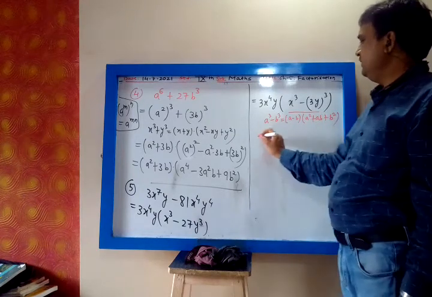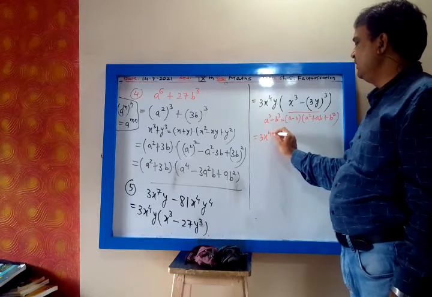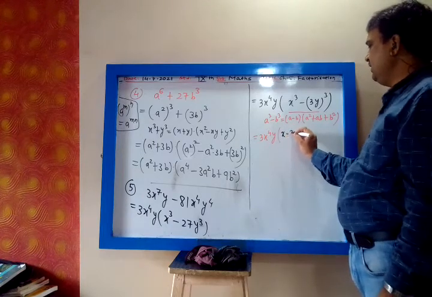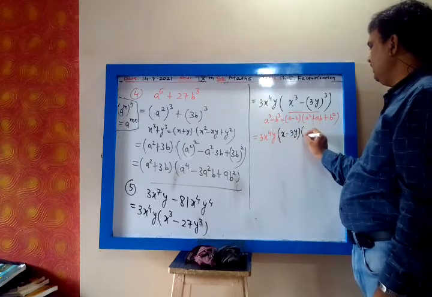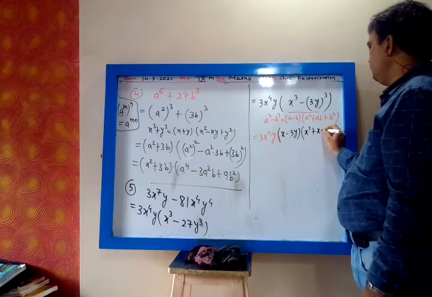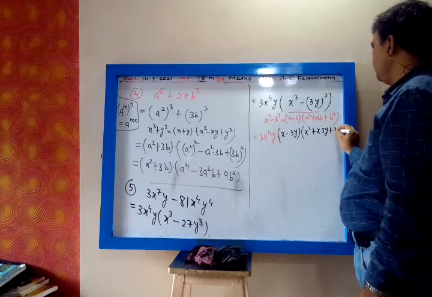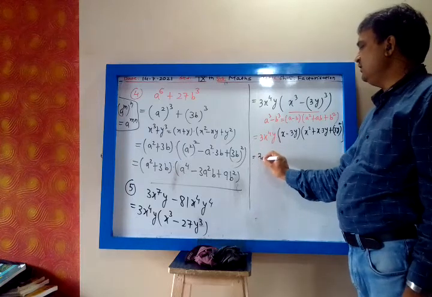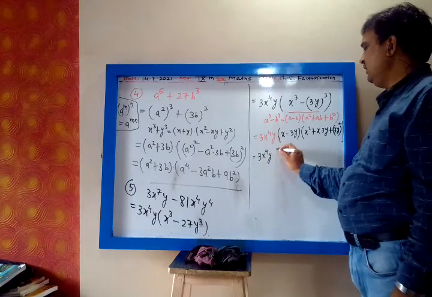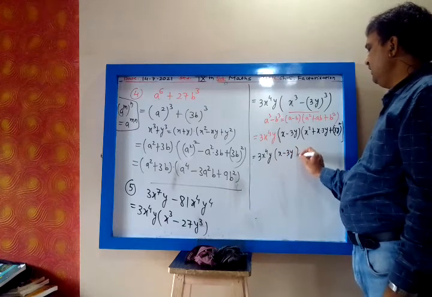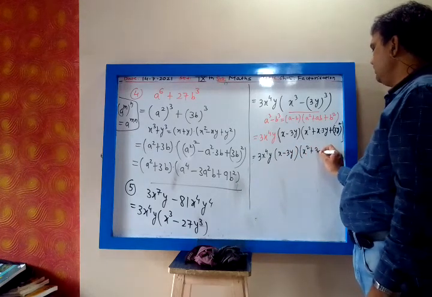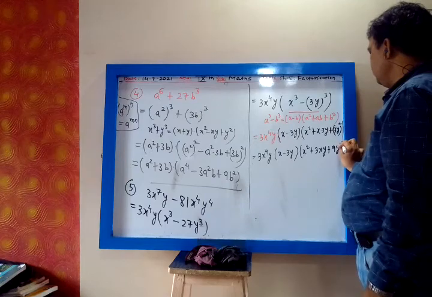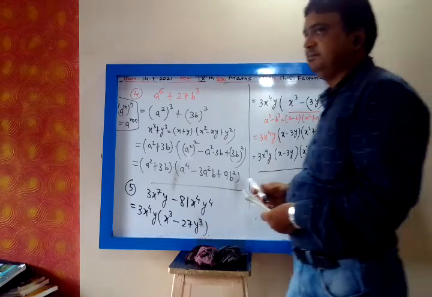So this I can write 3x raised to 4y into x minus 3y into x square plus x into 3y plus 3y whole square. So that is 3x raised to 4y into x minus 3y into x square plus 3xy plus 9y square, and this is the answer.